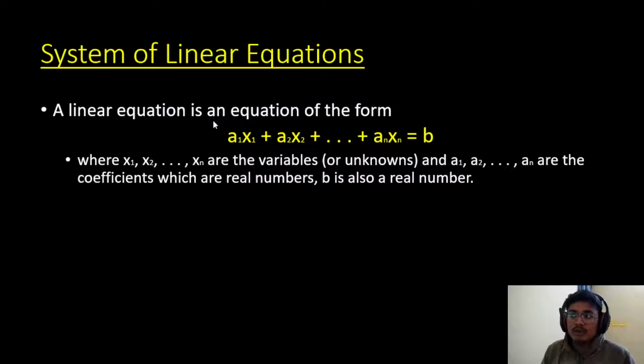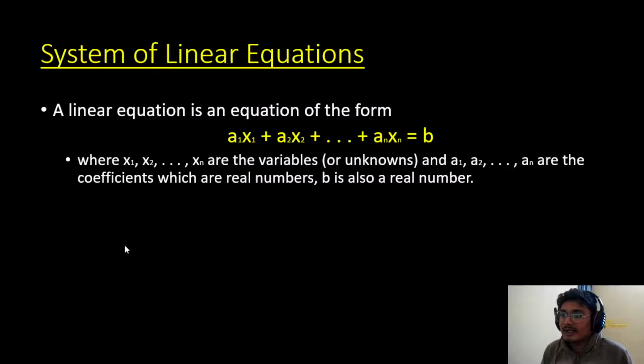A linear equation is an equation of the form a1 x1 + a2 x2 + ... + an xn = b, where x1, x2, up to xn are the variables or unknowns, and a1, a2, up to an are the coefficients, which are real numbers. b is also a real number.